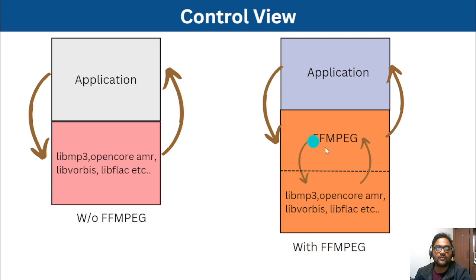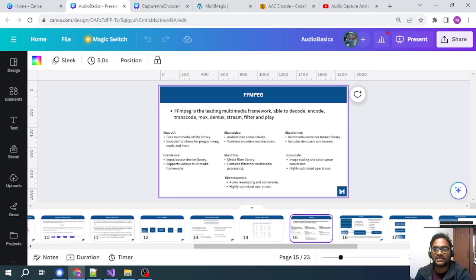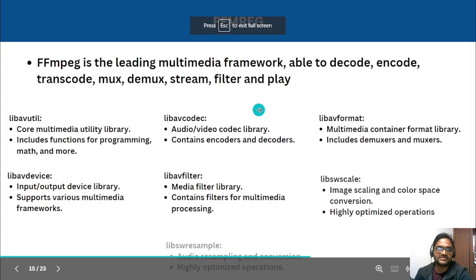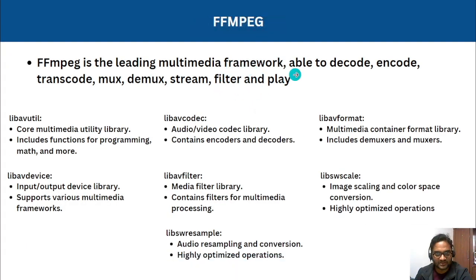So what is FFmpeg? Those details we have already covered in the earlier video, so I just want to recollect that. FFmpeg is the leading multimedia framework where you can decode, encode, transcode, mux, demux, and stream. So a lot of operations you can do. Today we will be doing the encoding using FFmpeg. As FFmpeg supports different encoding formats, we will be specifically looking into the AAC encoder.